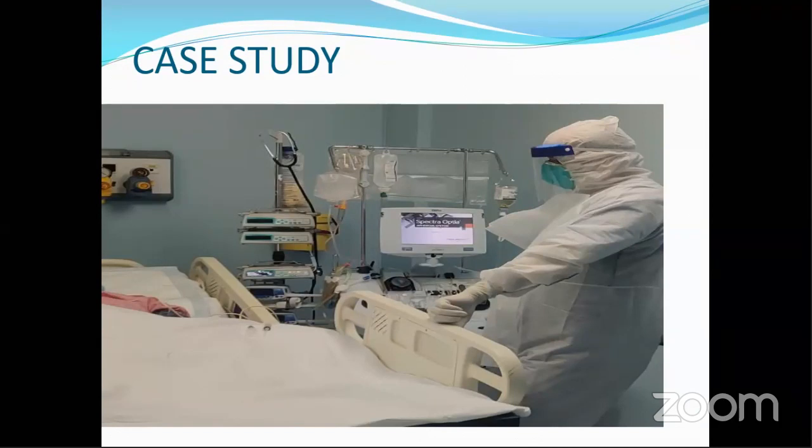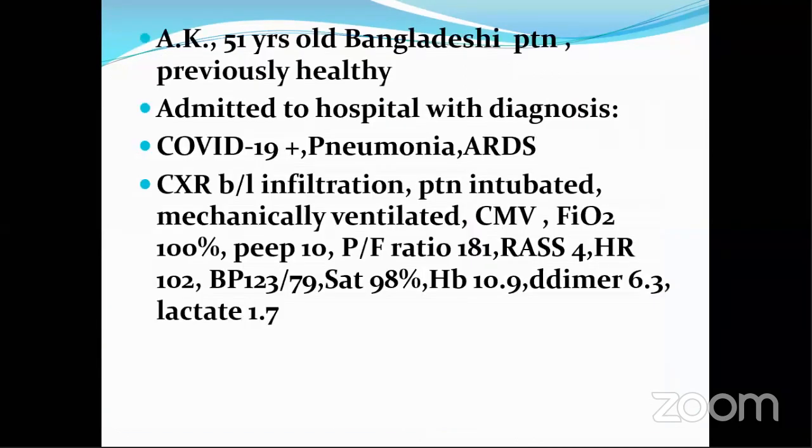Next, please. And this is the case. We have a 51-year-old Bangladeshi patient. He was previously healthy, not diabetic, not hypertensive, and was admitted to the hospital with a diagnosis of COVID-19 positive pneumonia and ARDS.